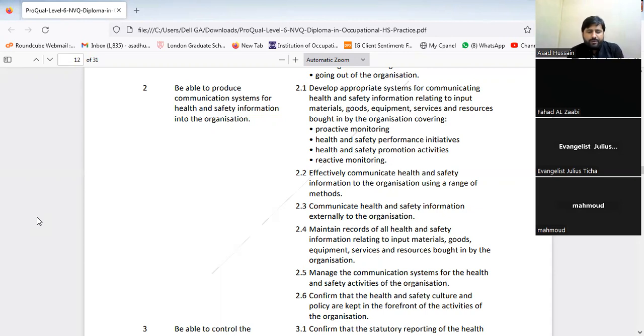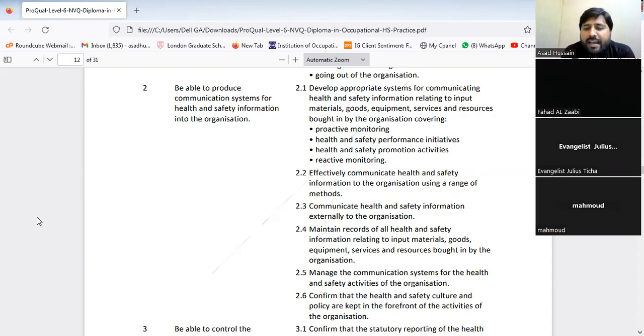Okay, now moving forward to 2.6, confirm that the health and safety culture and policy are kept in the forefront of the activities of the organization.